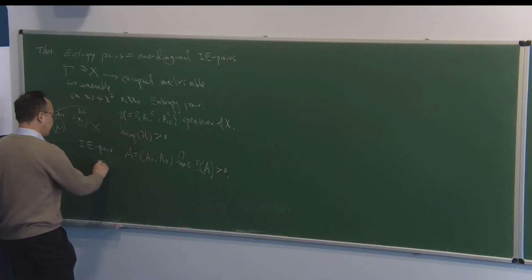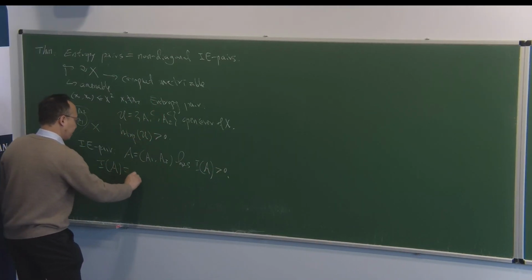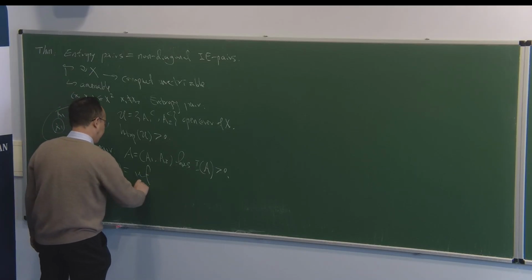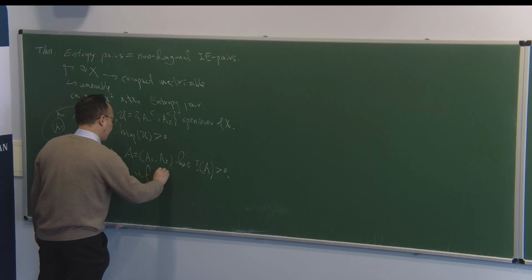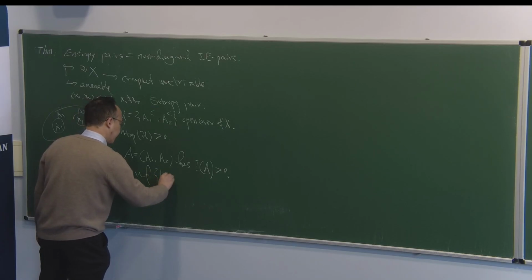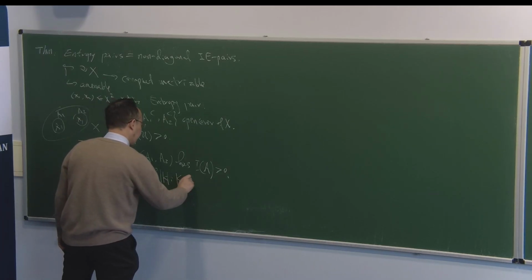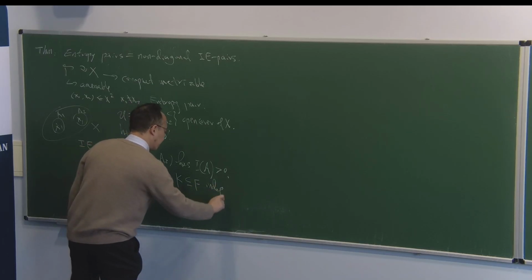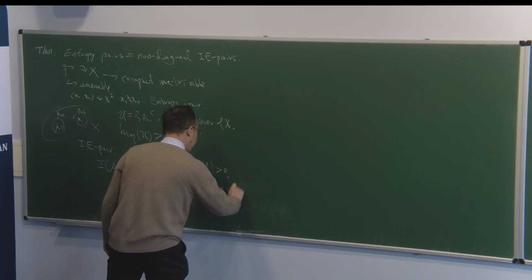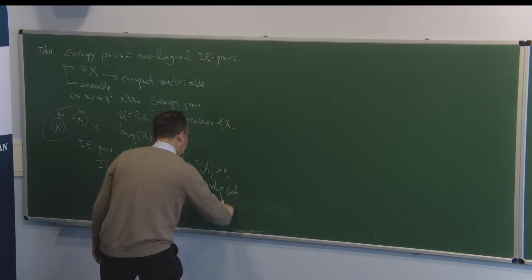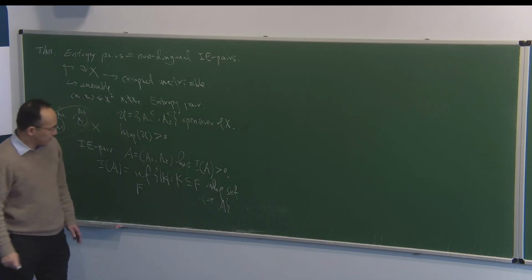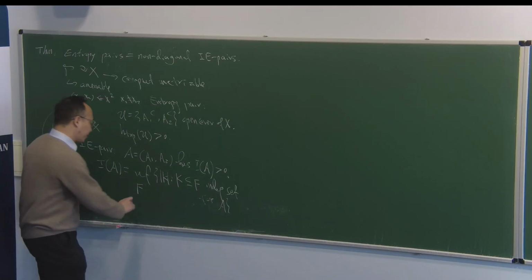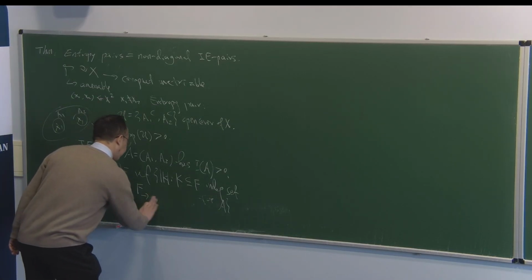Where this means the infimum over F, so that we look at the size of K, where K is contained in F and these are independence sets for A. And here F ranges over nonempty finite subsets of the group.